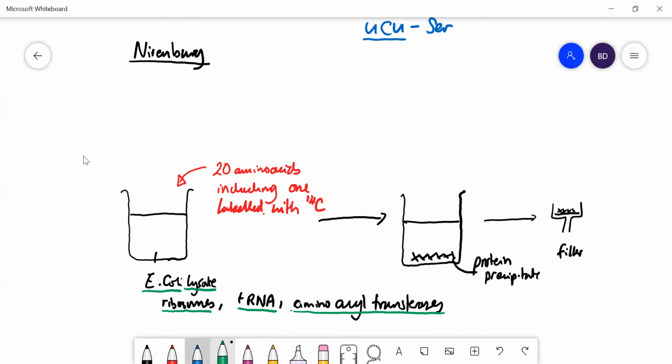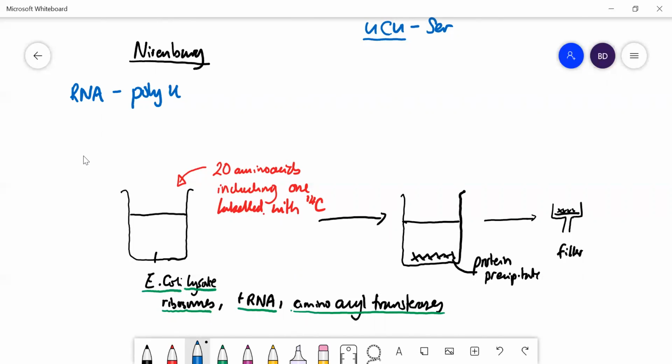At that stage, they could not synthesize, like nowadays you can, 30 or 40 base sequences of very specific RNA in large quantities. They couldn't do that then. They could make RNA, but all he could do was get lots of uracil nucleotides and make them into a polymer, and they call that poly-U.